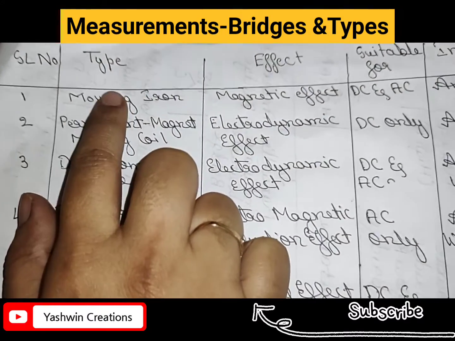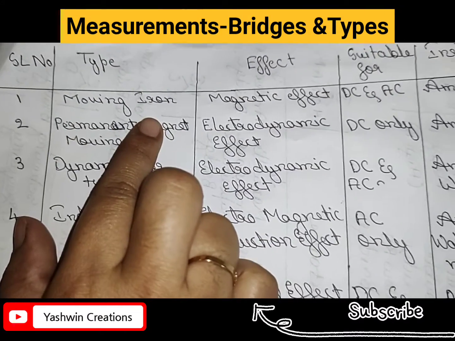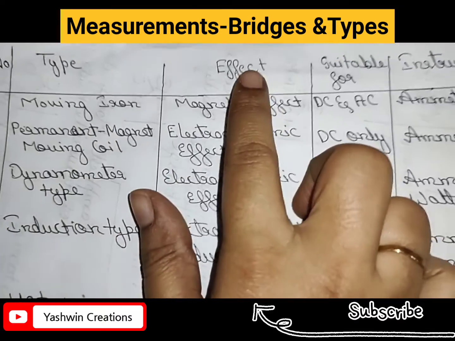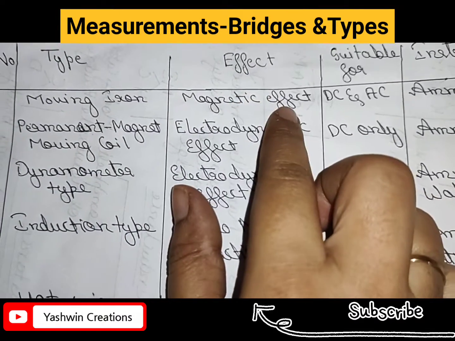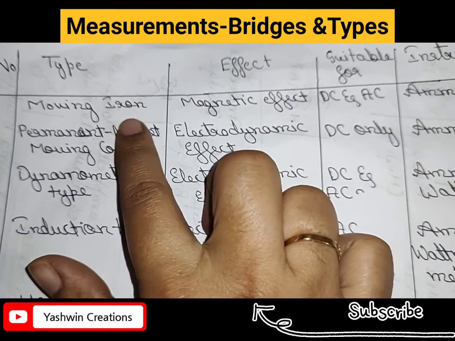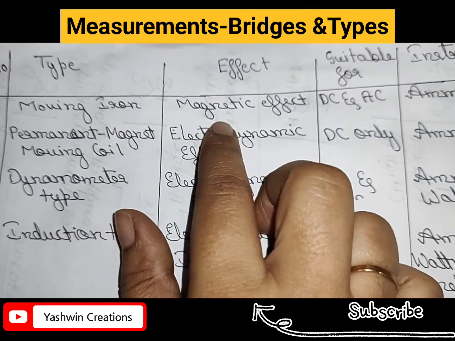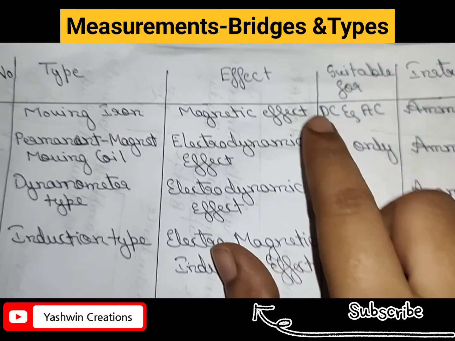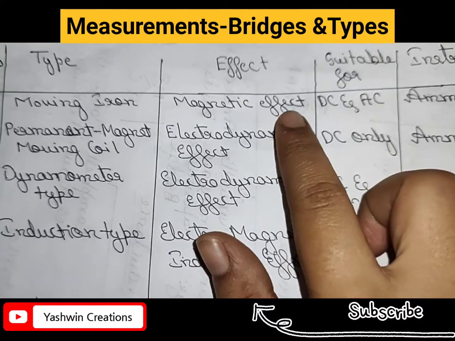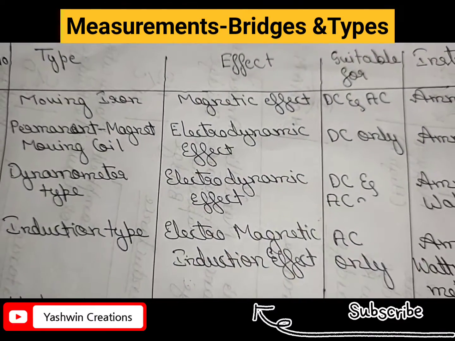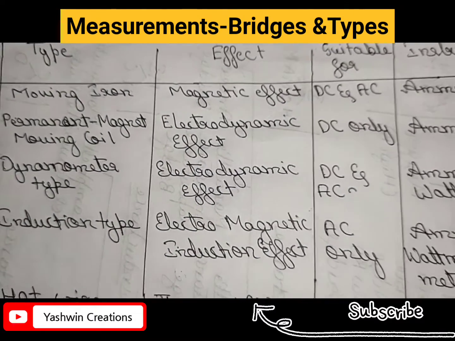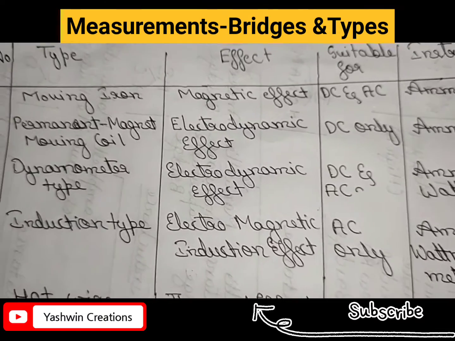First the type: moving iron. And what about the effect? Magnetic effect. Moving iron type, and the effect is magnetic effect. Moving iron is suitable for DC and also for AC.